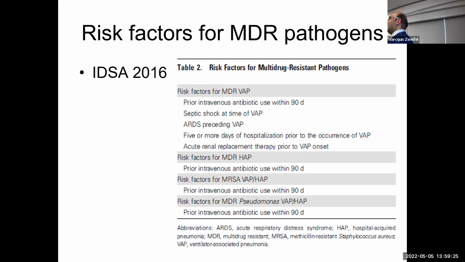Make sense? These are the 5 things for risk for VAP, MRSA. Risk for HAP and risk for Pseudomonas, only one thing, IV antibiotic in the previous 90 days.